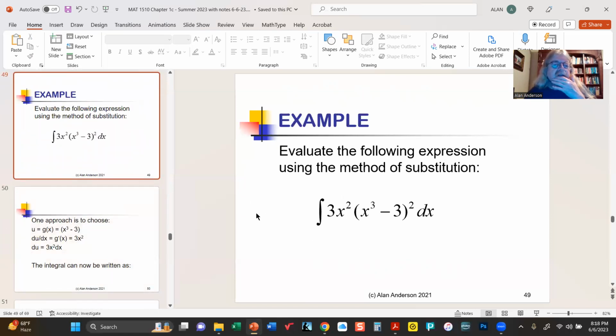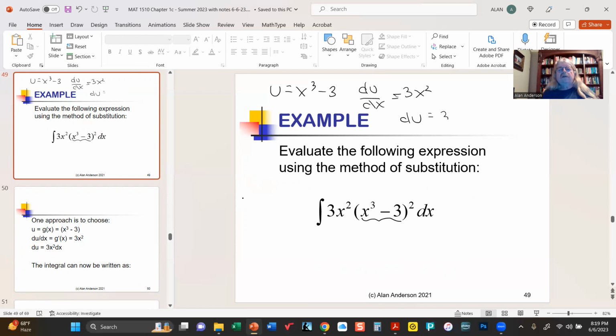All right, so let's take a look at this one. Appears to me that this is the messiest part. And also the fact that this is raised to an exponent is sort of a hint. So why don't we choose U to be x cubed minus 3. du dx would be 3x squared. du would be 3x squared dx.